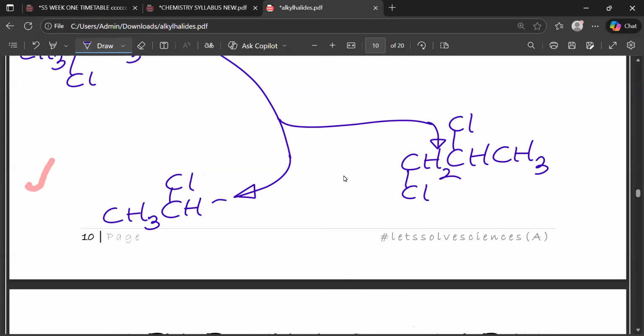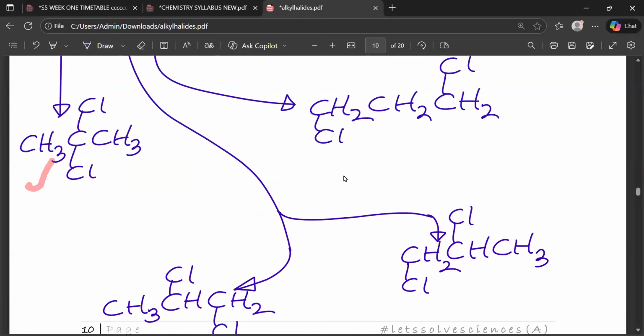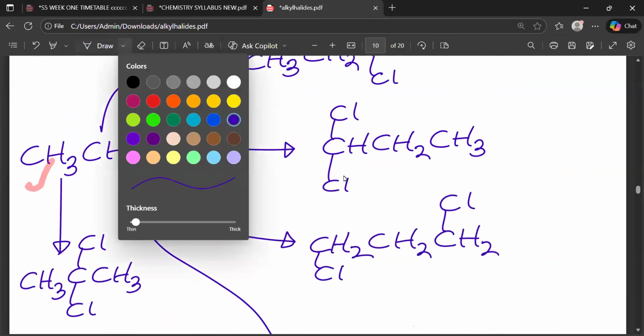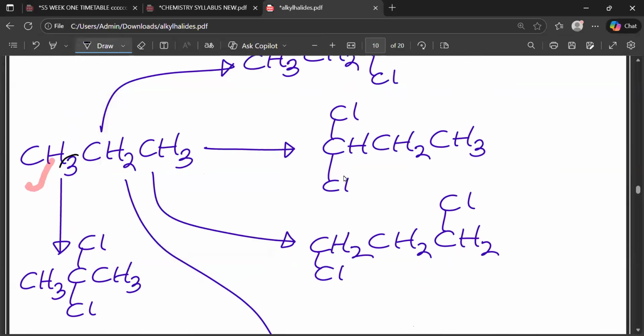That one can be put there. And we can also have one at the end like that. So you all know the hydrogens we are replacing are these ones. We can replace that one and they remain 2. And we can replace both and it remains 1. This one, we can replace 1 and it remains 1 H. We can replace both and we don't remain with any H. This one behaves as the first one.